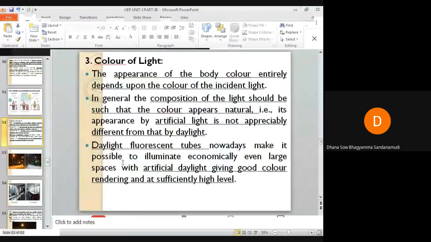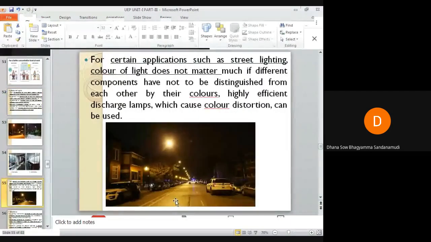Daylight fluorescent tubes nowadays make it possible to illuminate economically even large spaces with artificial daylight, giving good color rendering at a sufficiently high level. In some places, such as when you are moving on a road during the daytime in a vehicle, the color of the objects surrounding you is not of much importance.